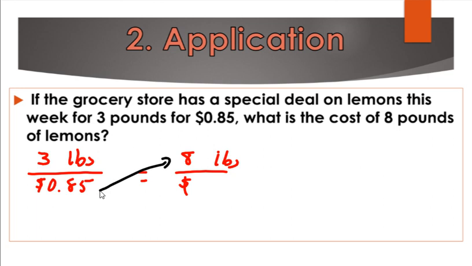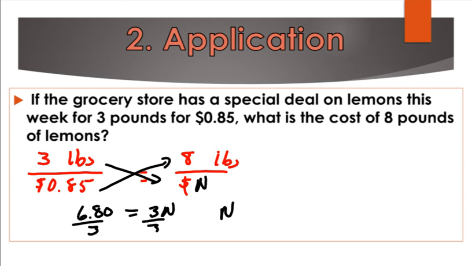So 0.85 or 85 cents times 8 would give us $6.80. And this would equal 3n. Divide by 3. You're going to get a repeating decimal, so we round it to the nearest cent. So we would get $2.27.